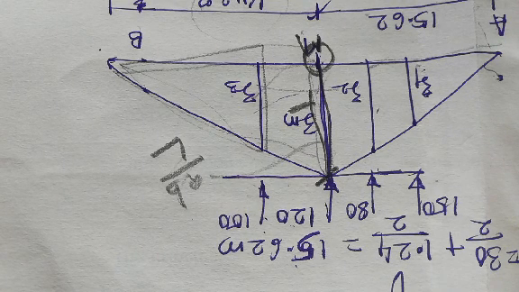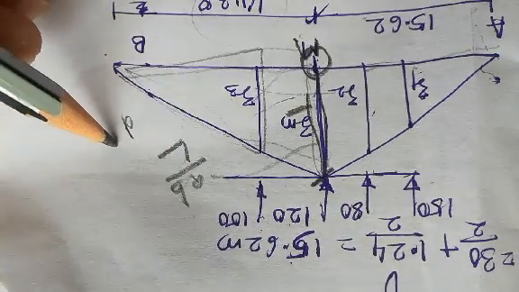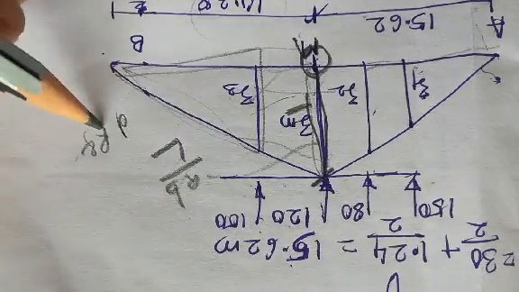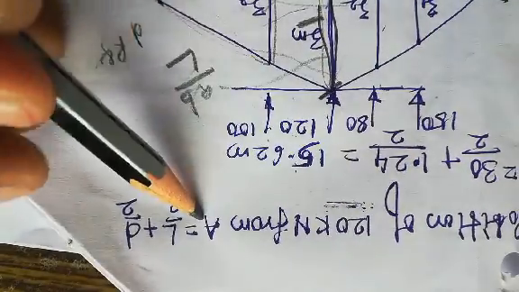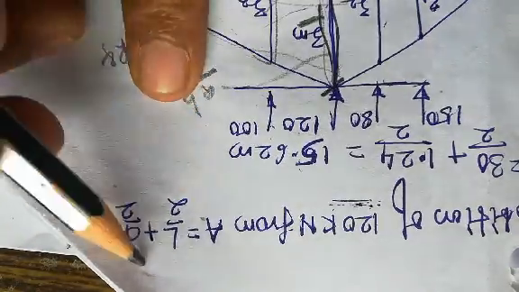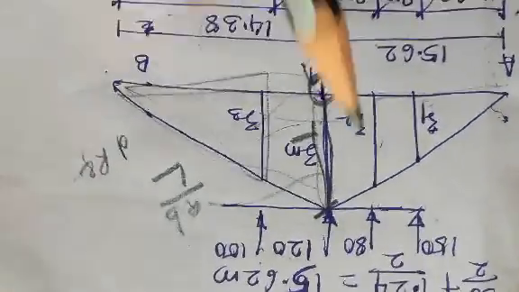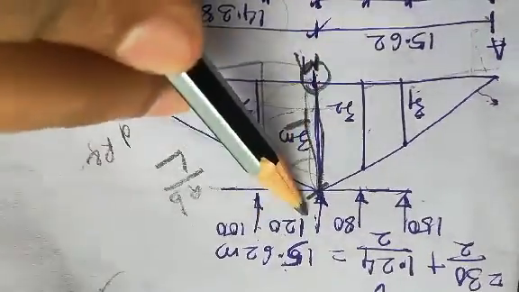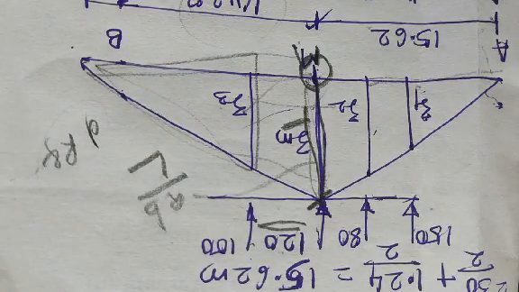Then you calculate the d distance, that is the distance between the resultant and the heavier load. Once you get that, positioning is easy, with the direct equation L divided by 2 plus d divided by 2. Then the rest remains the same; you just have to see how you position this heavier load. Okay, thank you.